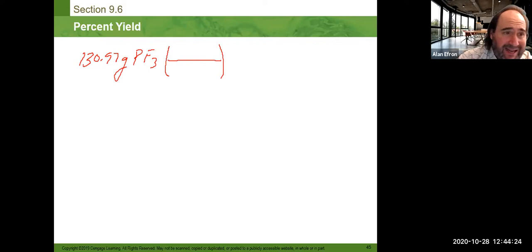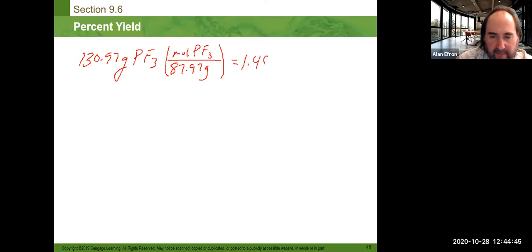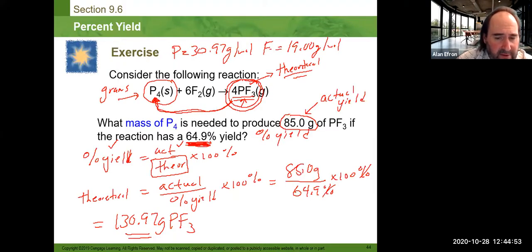That is 30.97 plus 3 times 19, which gives us 87.97, again from the periodic table. That gives us 130.97 divided by that, which is 1.489 moles of PF3.